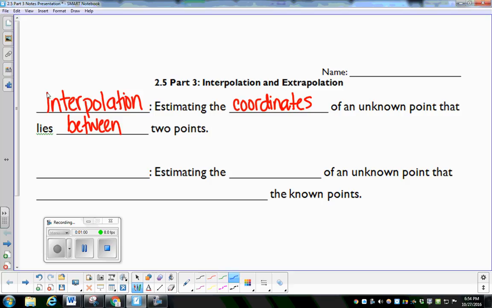The other kind of estimating we do is called extrapolation. People will say it all different ways too. This is, again, estimating the coordinates of an unknown point that extends beyond the known points.